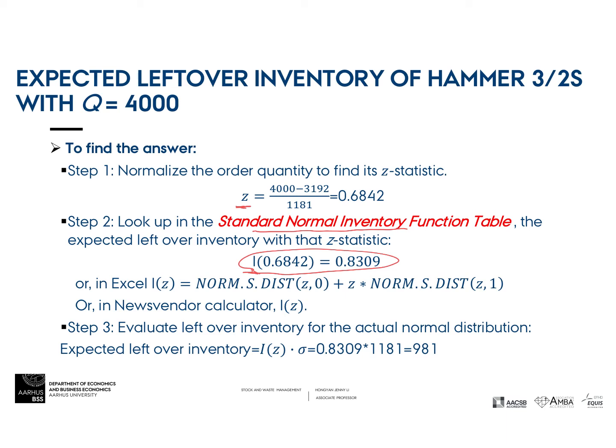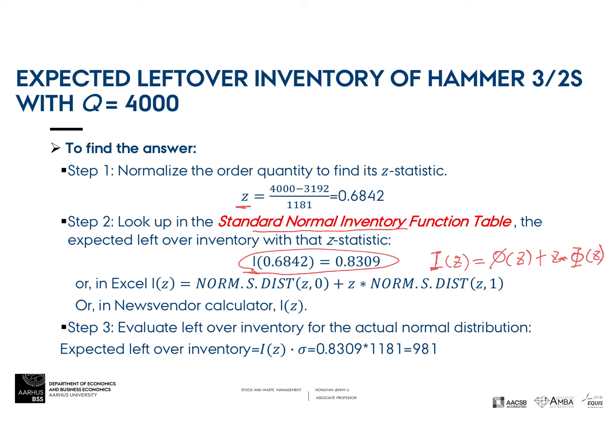If you are interested in this leftover inventory calculation function, we call it the standard normal inventory function. You can write it as phi zeta plus zeta times capital Phi zeta.